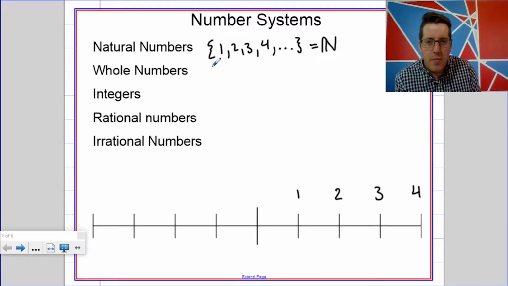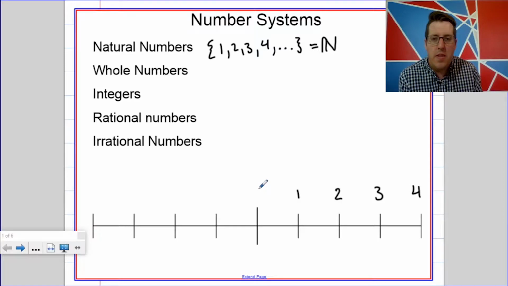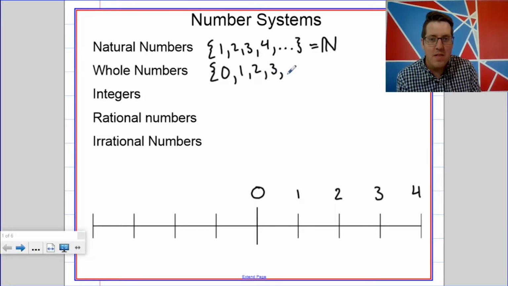The whole numbers are all of the natural numbers, but they also include 0. So a set is a collection of objects, mathematical objects normally in our case. And we use these curly brackets to denote a set.